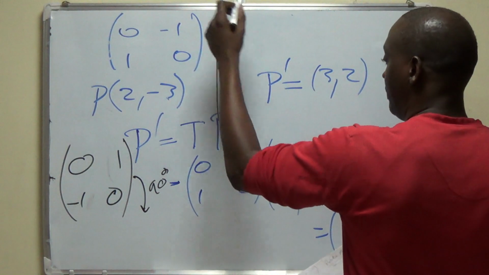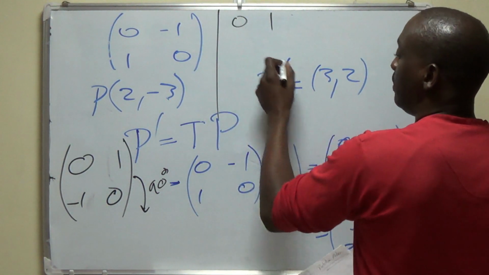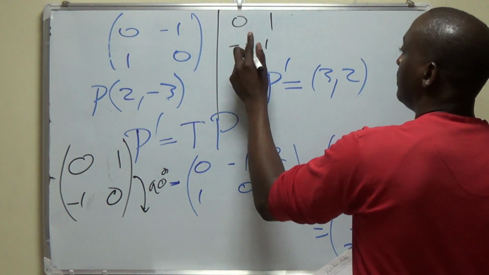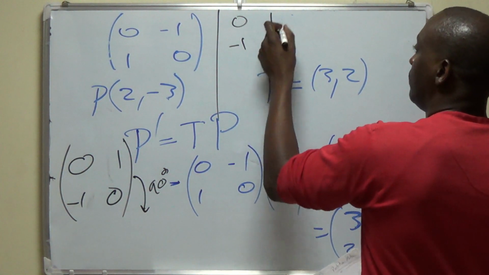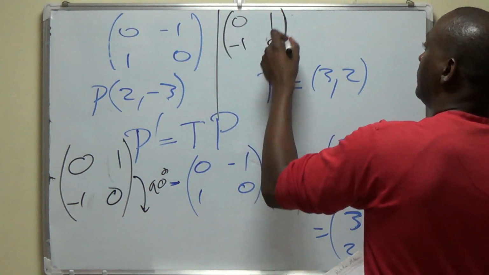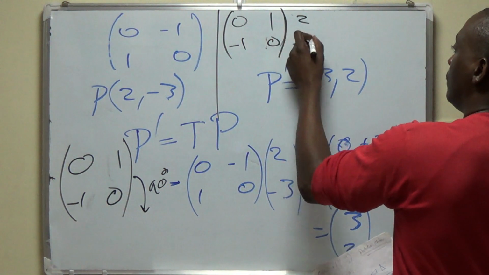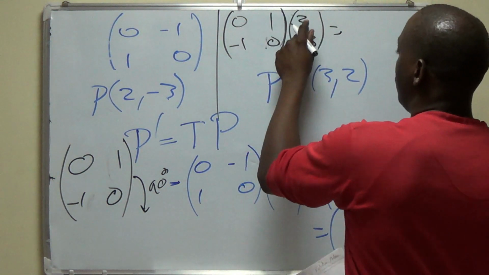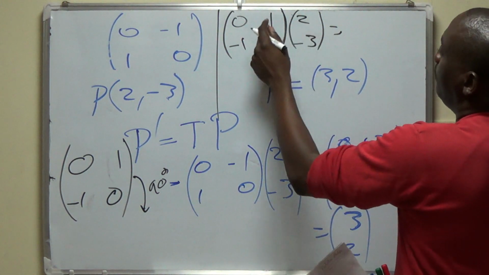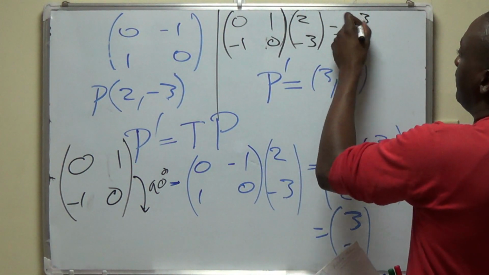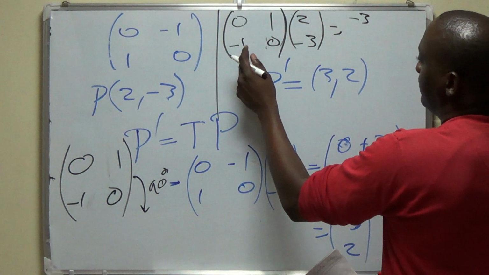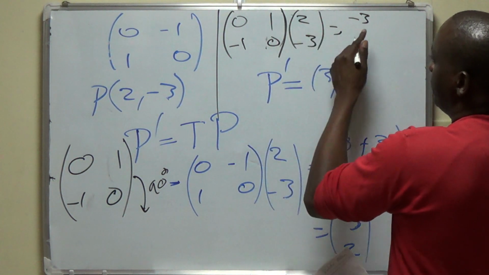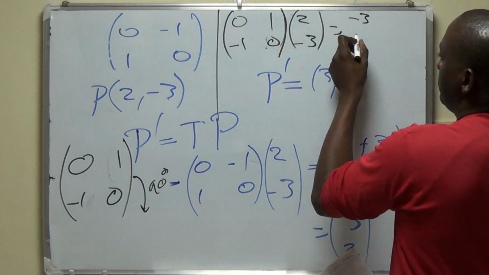What we will in fact have would be 0, 1, minus 1, 0, multiplied by 2 minus 3, which would be 0 by 2 is 0, plus 1 by minus 3 is minus 3, and in this case you have minus 1 by 2 is minus 2, plus 0 by 3 is 0.